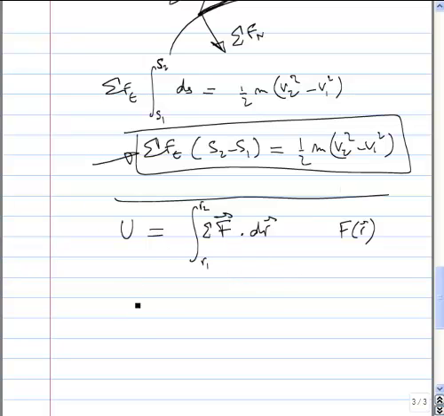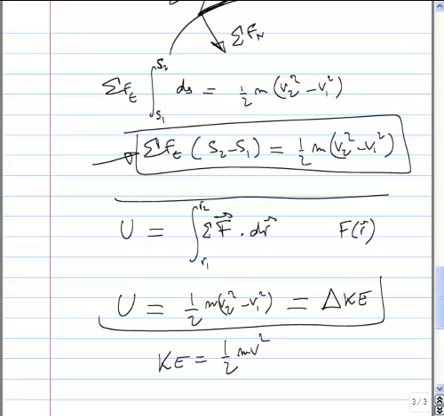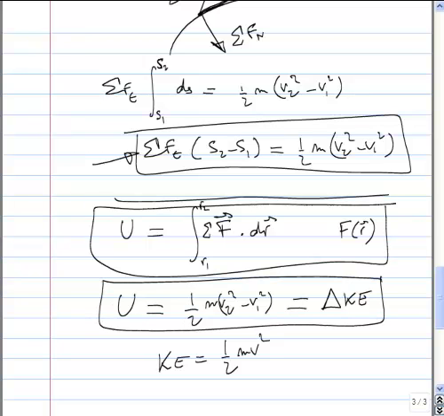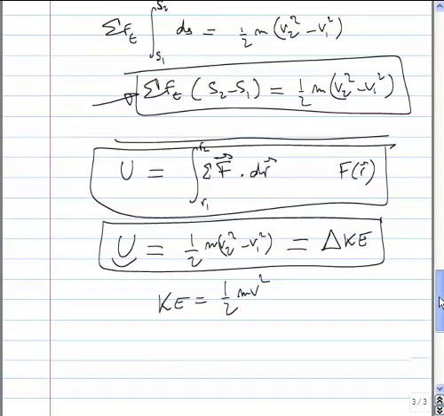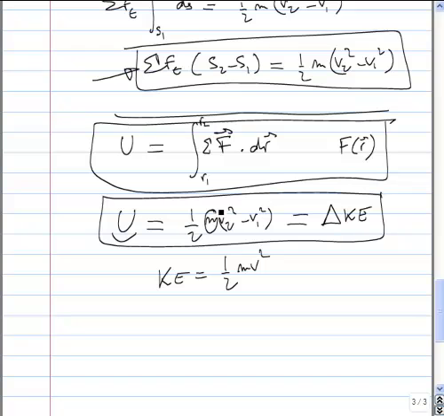But if you don't know any of this, you can use the other version, which is, if you recall, your definition of kinetic energy, 1/2 m v squared. So really it is nothing else than delta KE, which most likely you've seen in Physics 170. This allows you to calculate the work done between initial velocity v1 and final velocity v2, without knowing anything about the forces applied to that particular mass m, neither the path. So you only care about the initial and the final.